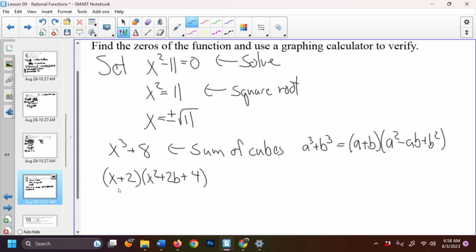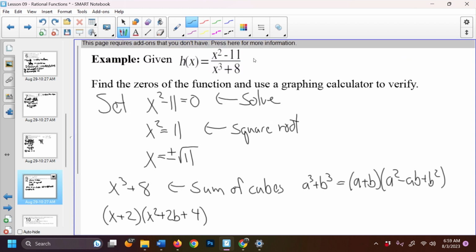And so x plus 2 will be in the denominator. So the factorization of this thing would look like this. It would look like x minus square root of 11, and then x plus square root of 11, all over x plus 2 times x squared minus 2x plus 4.